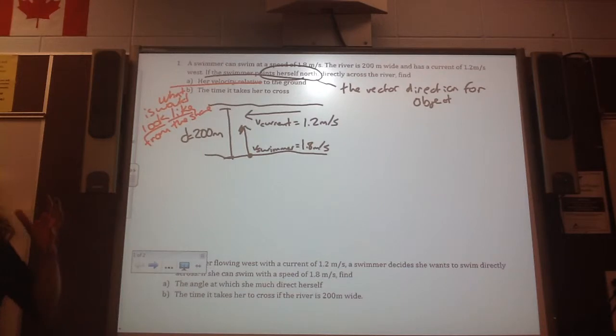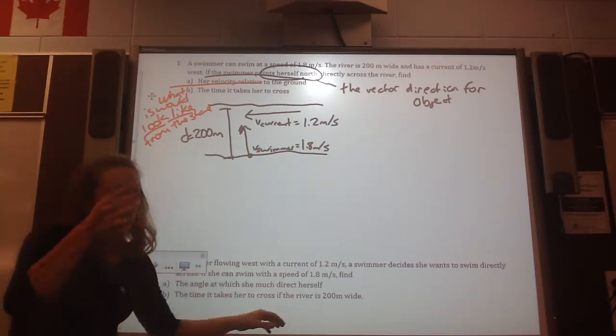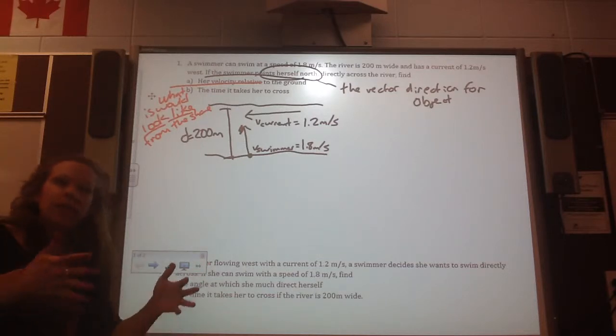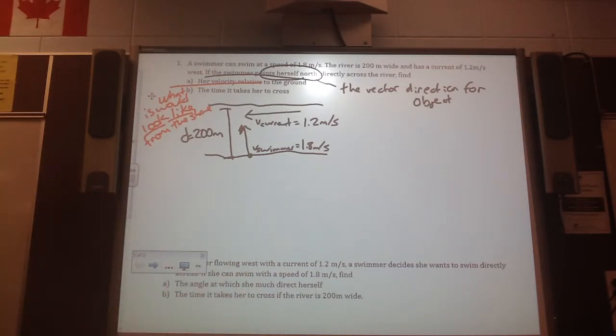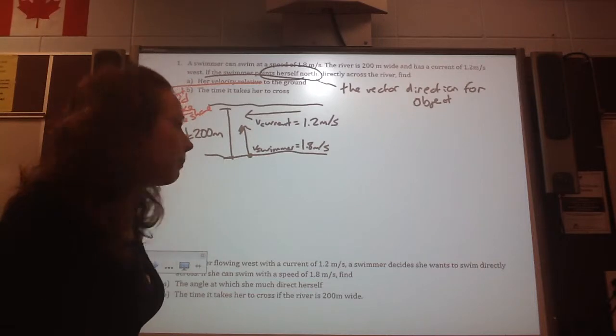So how we see that she appears to move. So you guys can all tell me, well, will it look like she appears to move northwest? But really her body is just going north. She is directing her body north, but she appears to be moving northwest because physically that's actually what's happening.